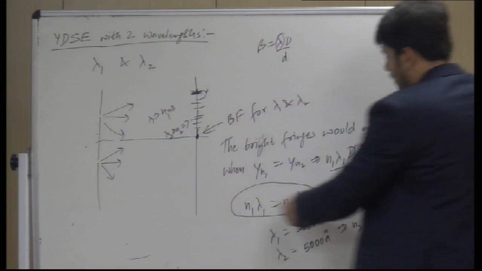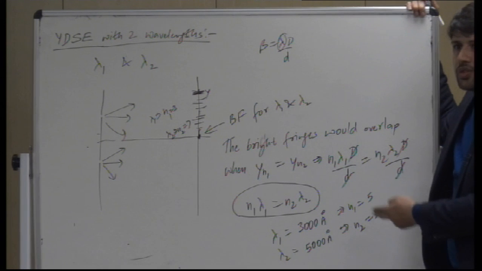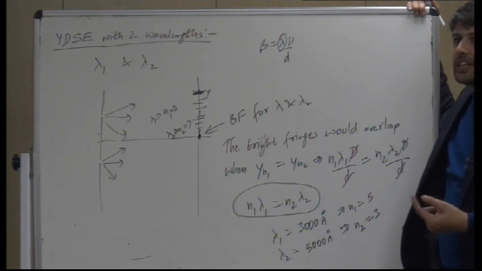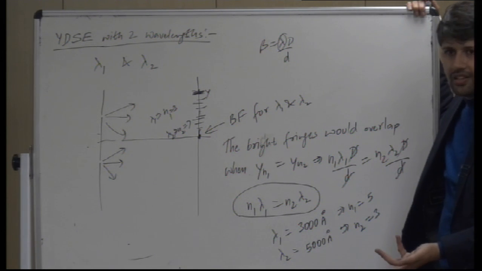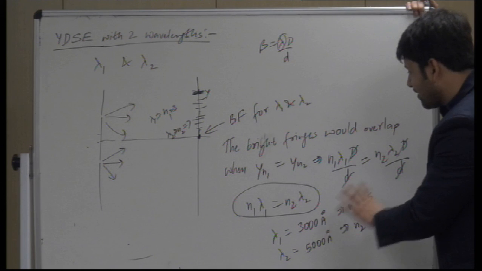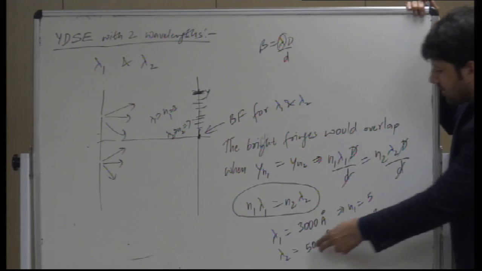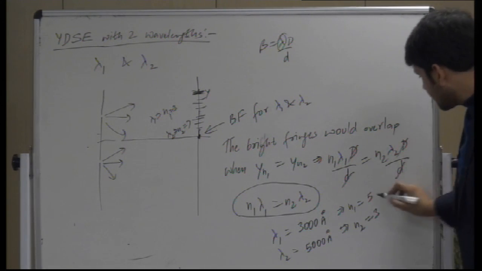n equal to 1 would not satisfy, because the value of n2 would become less than 1, which is not possible. You can have the first fringe or second fringe, but you cannot have a 0.5 fringe, right? So you have to try out the first, second or third fringe. If I try the product lambda 1 n1 and lambda 2 n2, it comes equal. So this is the first time they would overlap.